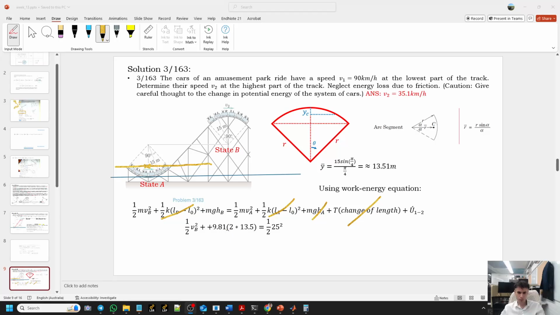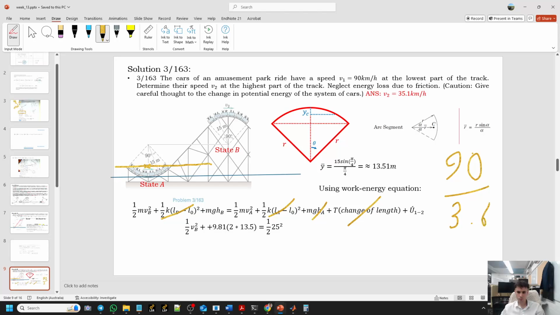So 2g, g is always positive 9.81. Don't tell me that is negative. No, it's not. And h is, as I said, 2 times 13.5. So velocity at point A, 90 kilometers per hour divided by 3.6, will be 25.